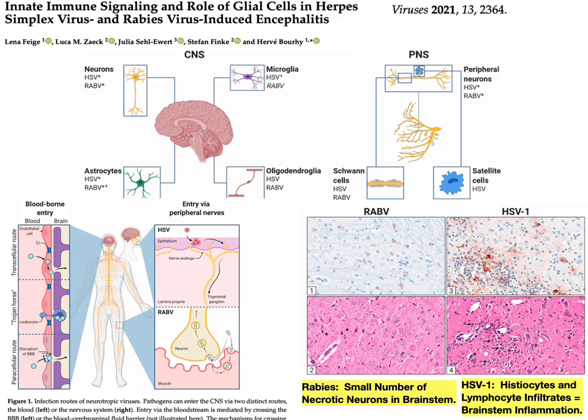And in the case of HSV, it can infect satellite cells, which are glial cells that form the sheath of ganglia, such as dorsal root ganglia.